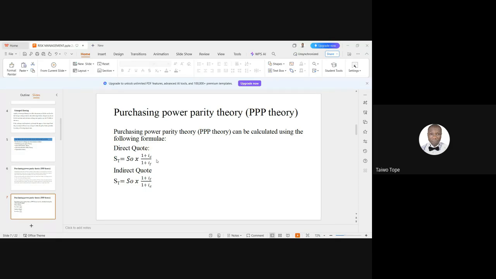Now, the purchasing power parity theory can be calculated using the following formulas. All things being equal, these formulas will be made available in the question paper, but I don't work with that. Know it. Somebody was telling me that these formulas are becoming too much.